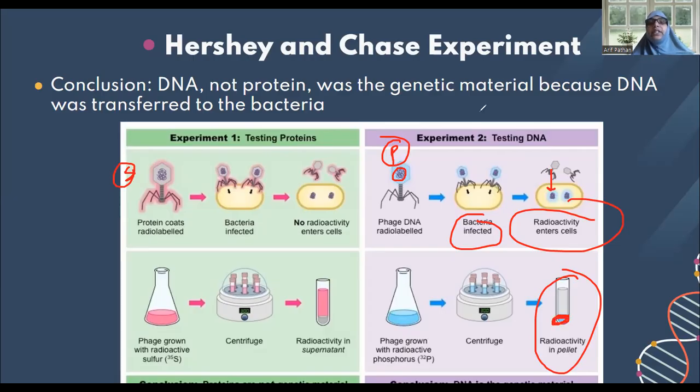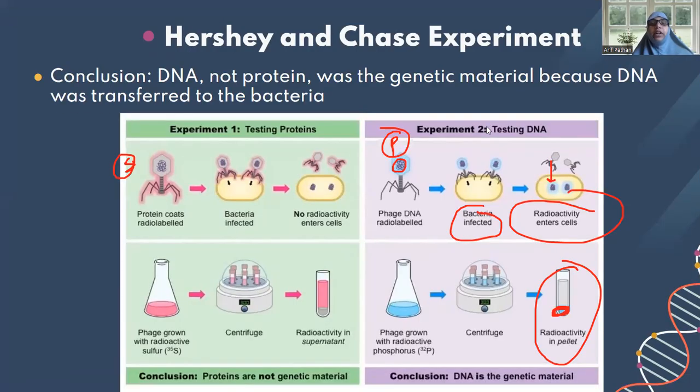So this was the conclusion of the Hershey and Chase experiment, that DNA is the genetic material, because phosphorus enters the DNA, which is inside the head of the virus, and the virus injects the genetic material, not the whole body, inside the bacteria. So the virus leaves the genetic material inside the bacterial cell.